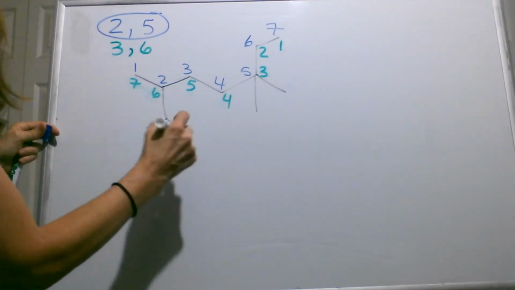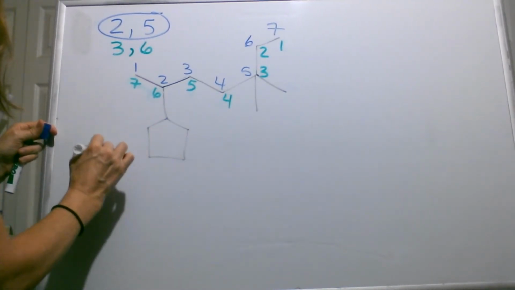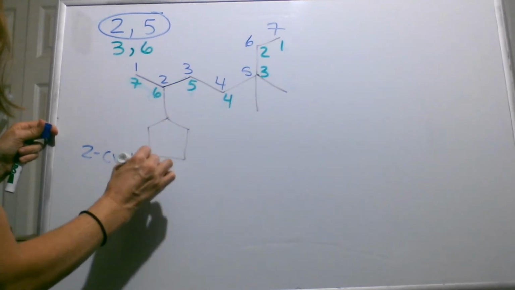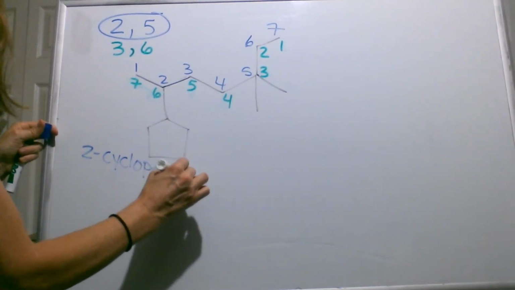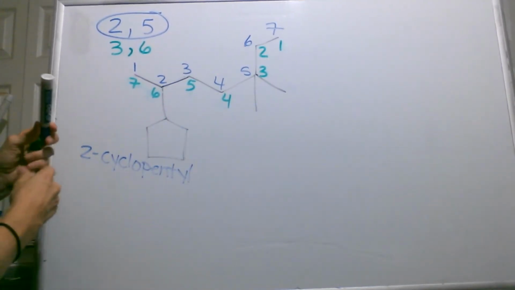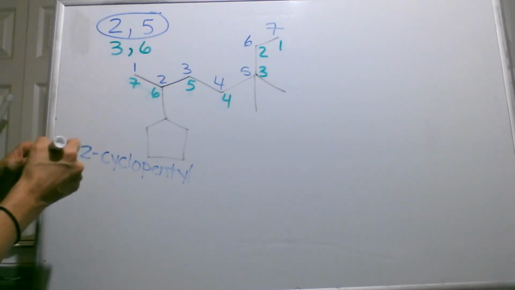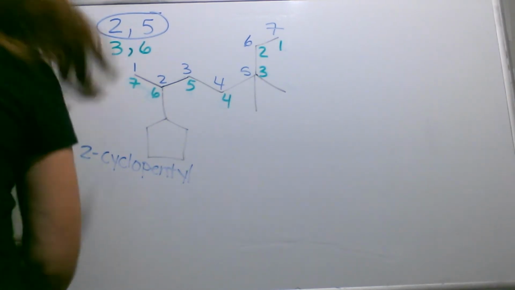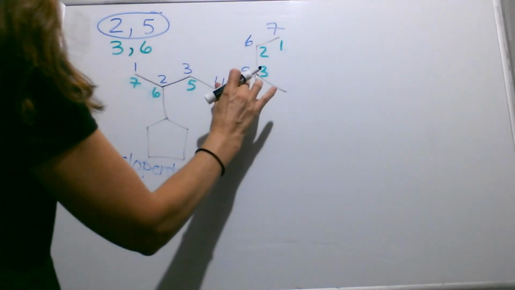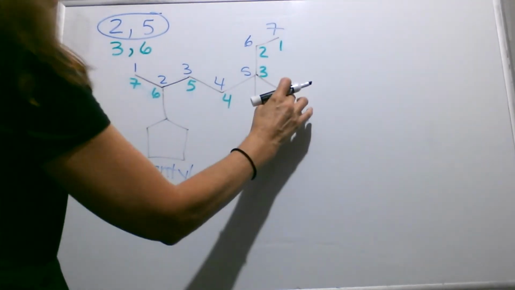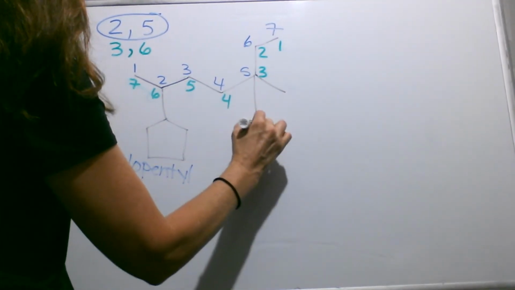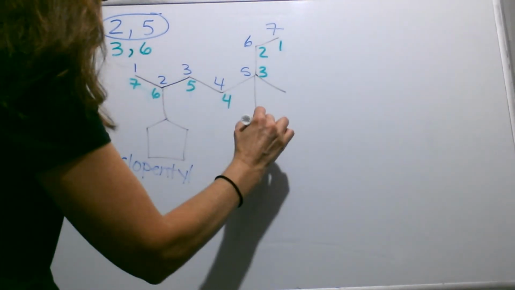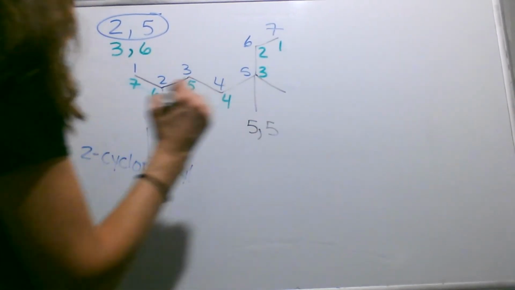So we've got a cyclopentyl on carbon 2, and on carbon 5, we're looking at the blue chain, we have 2 methyl groups. So remember that you have to identify the location of each methyl group.